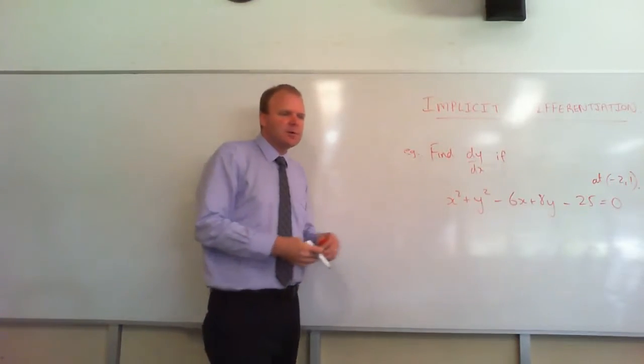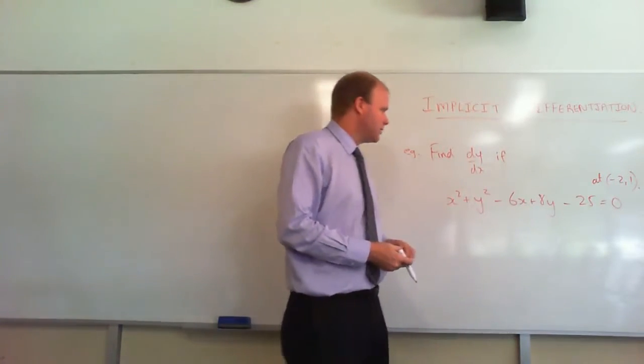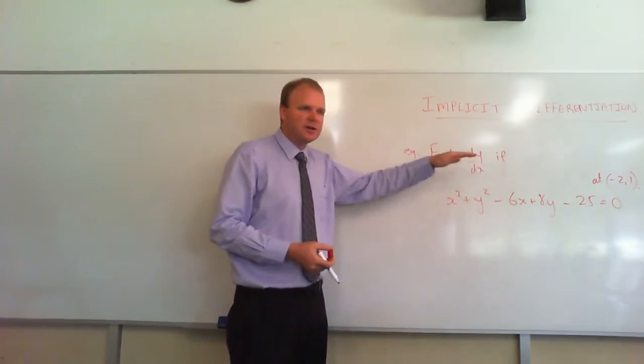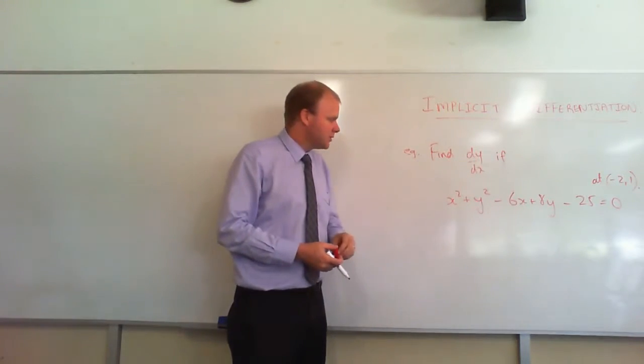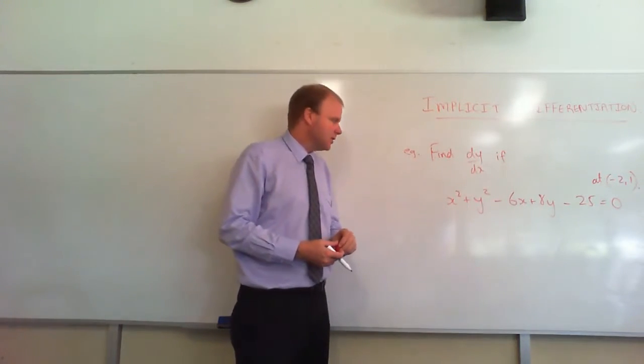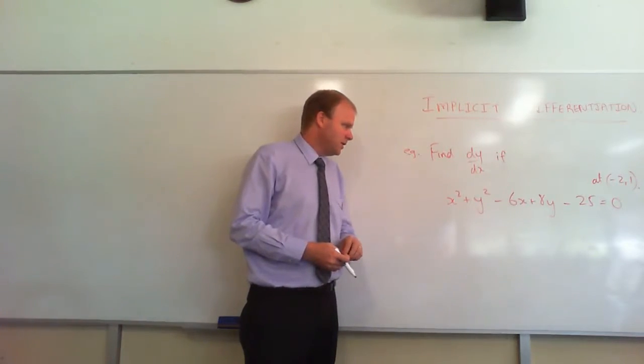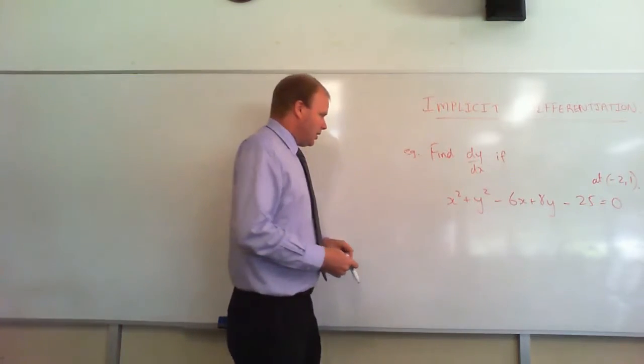So this time I'm not going right through finding the whole equation of the tangent, etc., but just finding the derivative, because I want to make sure you can do the implicit differentiation.